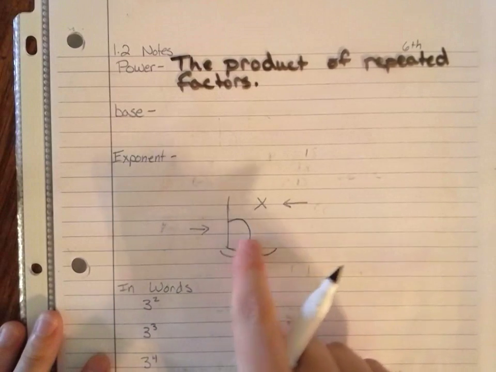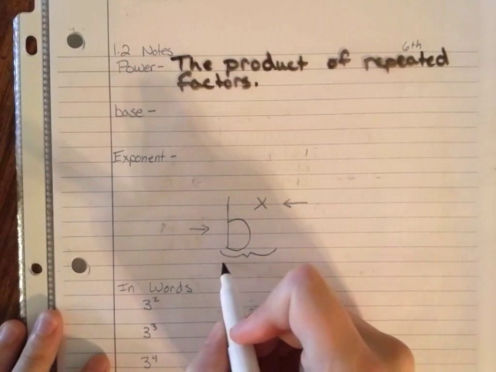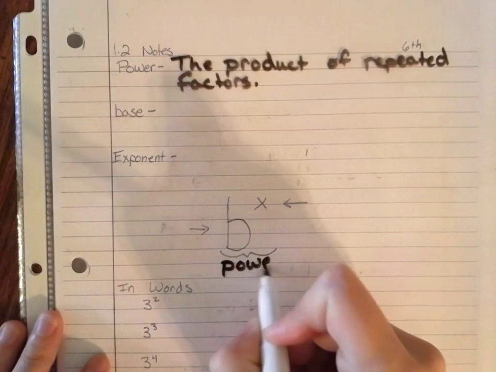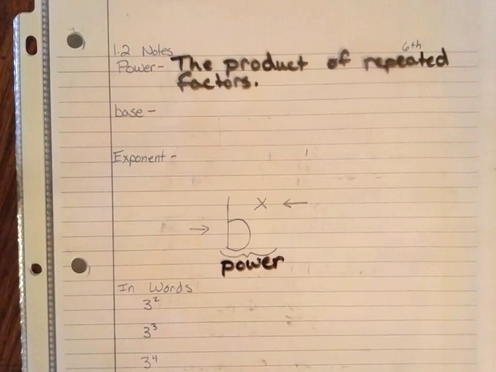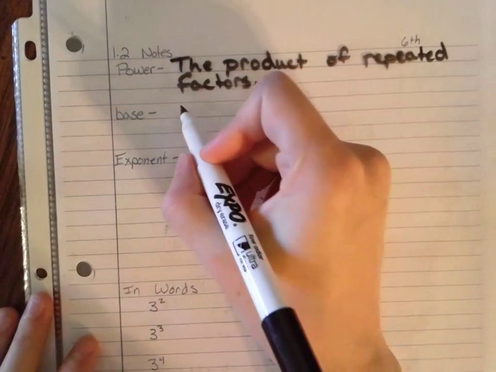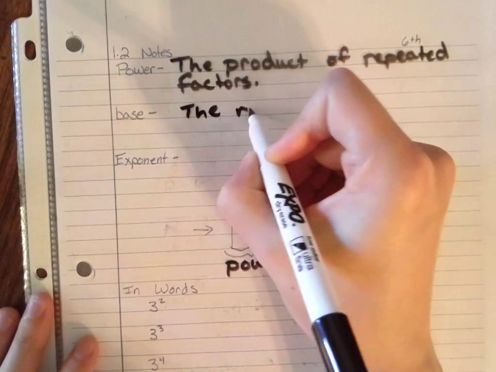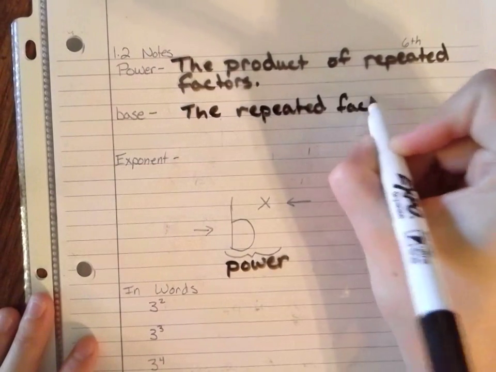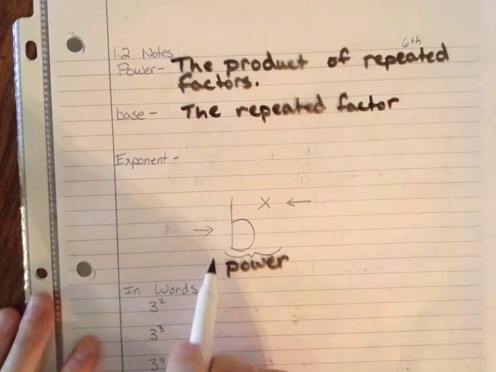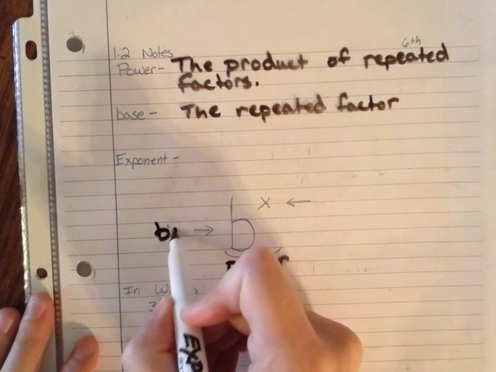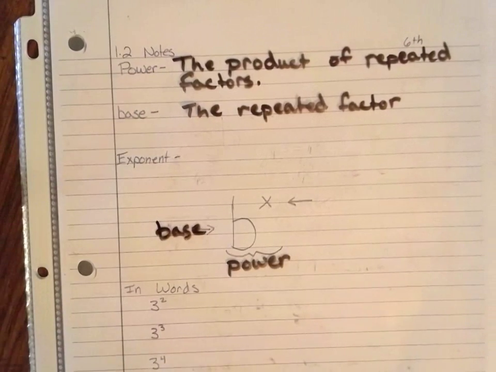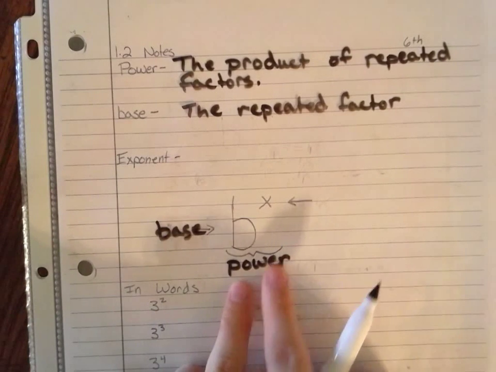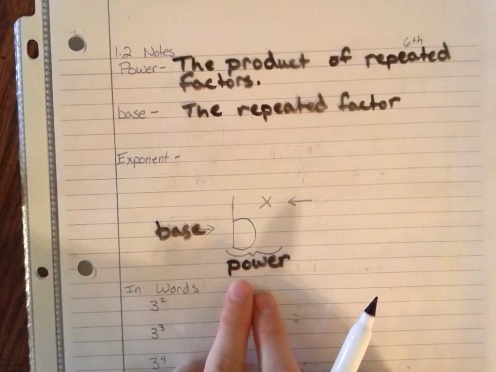So b to the x power, the whole thing is called a power. The base is the repeated factor. So b here would be the base. With the power, the whole thing is called a power.